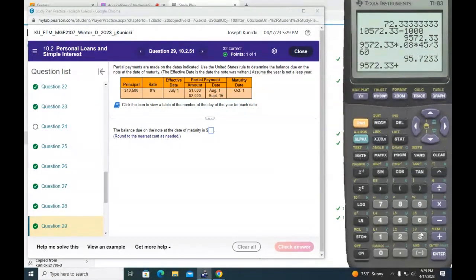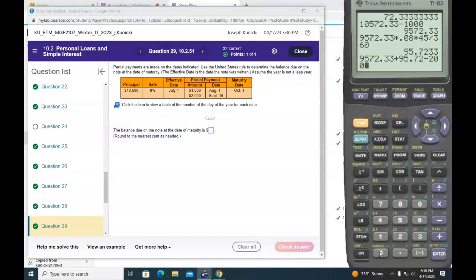All right, so I got 9572.33 plus. I wonder how these numbers worked out. 9572. Isn't that amazing? That is crazy. And then I subtract 2,000. Oops. I put 20,000 in there.